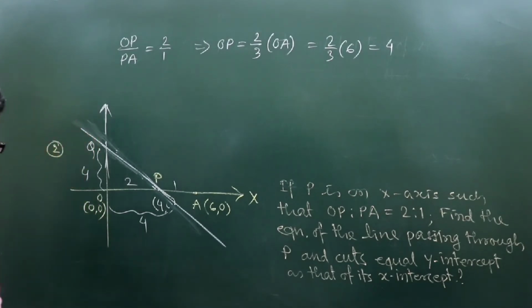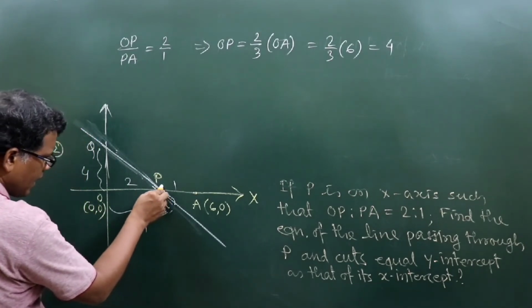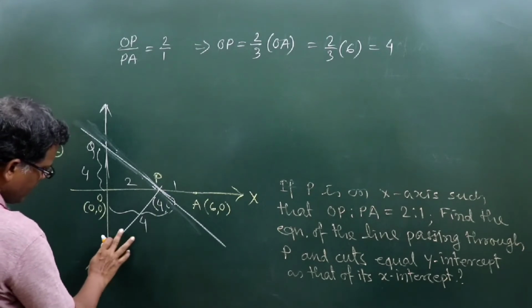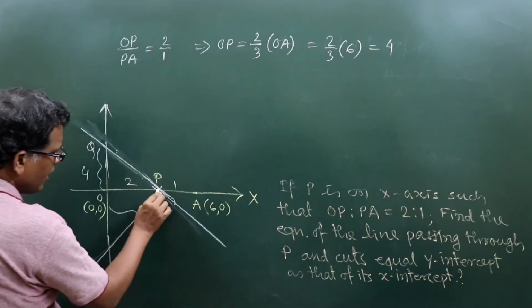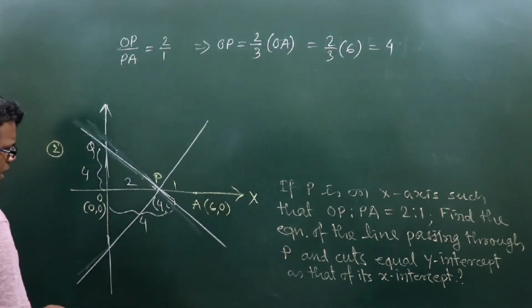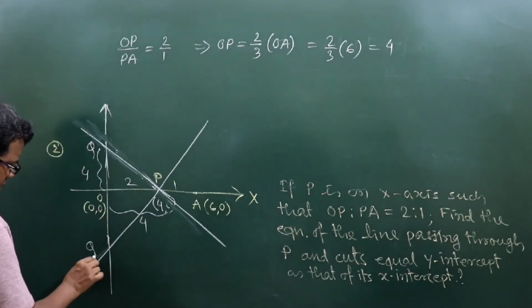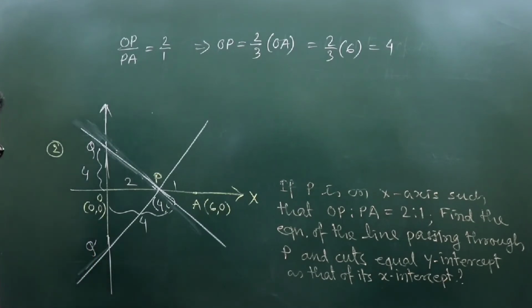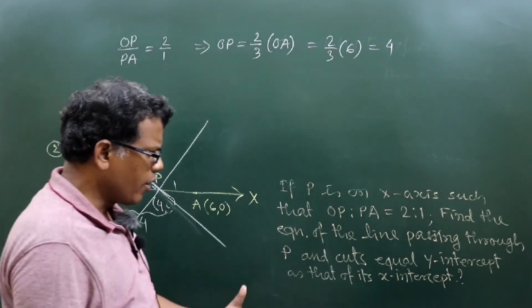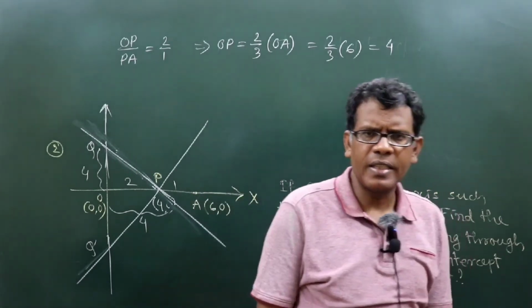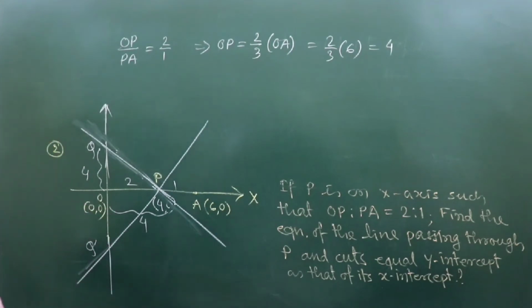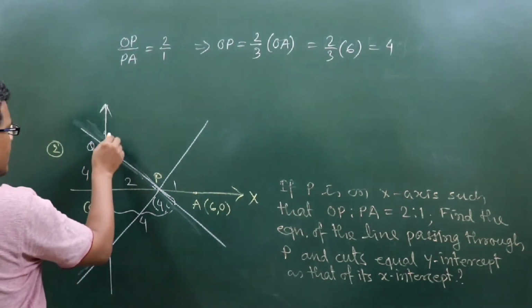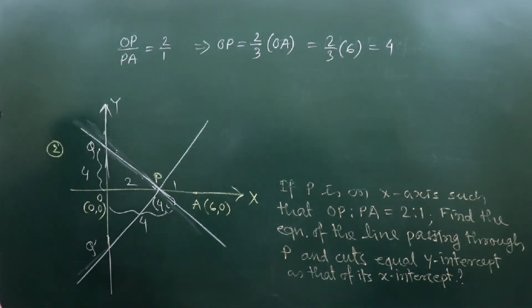Or there can be one more possibility, another line passing through P with equal intercepts, which cuts the y-axis at the negative y portion at Q dash. So according to the question, there are two possibilities: two such lines can pass through the point P, cutting the y-axis at positive y at Q or at negative y at Q dash.